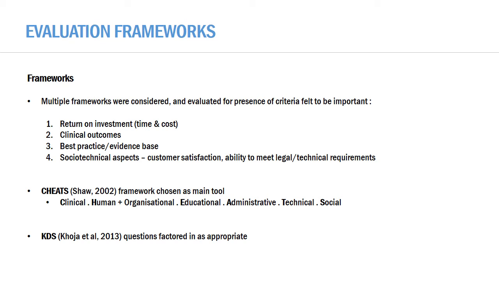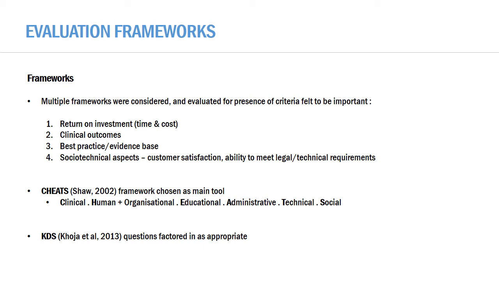So in looking for an evaluation framework, I identified several criteria which I felt were important, given the context of cdmNet being both an administrative and clinical decision support tool. These included return on investment, clinical outcomes, being based on best practice, and the social technical aspects.